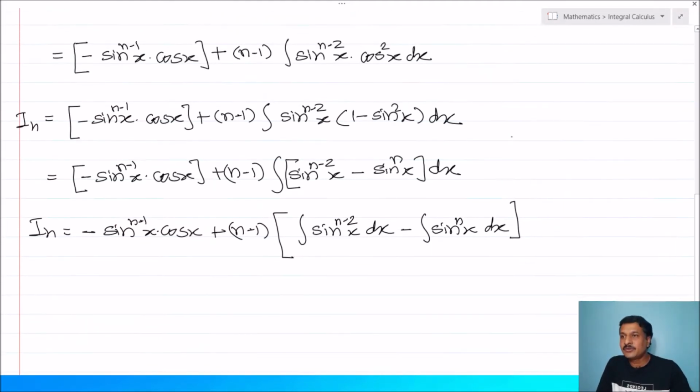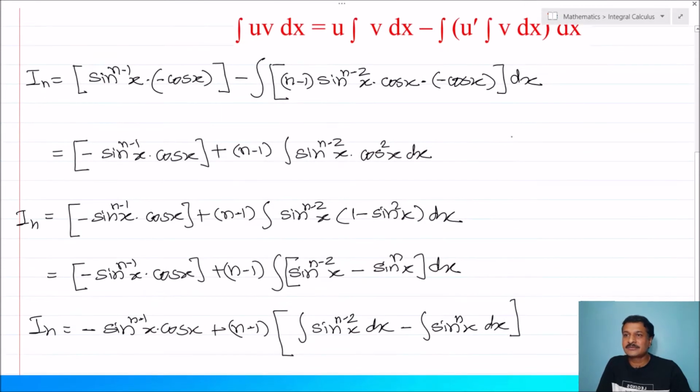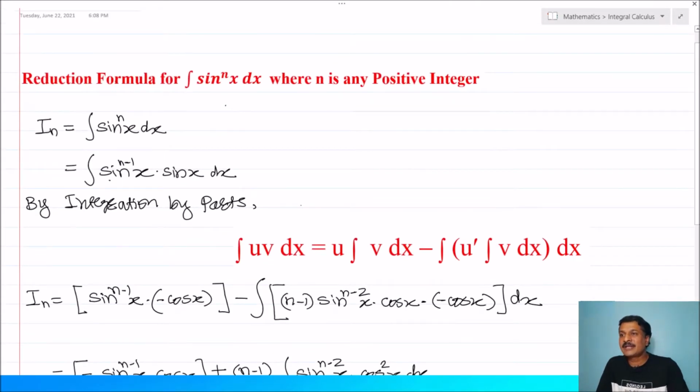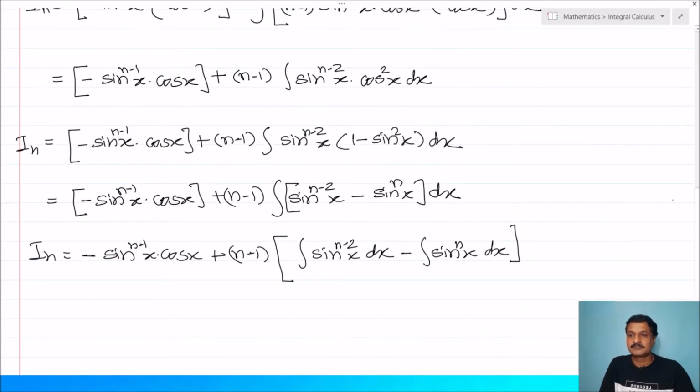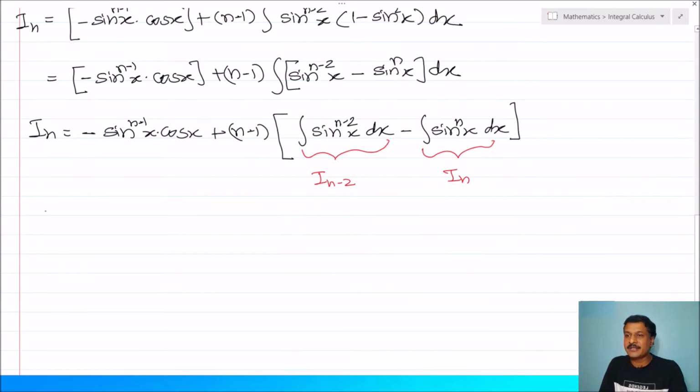As we know, I_n means what? What is the I_n here? Whatever the power of sine is, that is nothing but the suffix of I. So that is why here I am getting this is nothing but I_n minus 2 and this is I_n, and therefore I_n equal to minus sin x raised to n minus 1 into cos x plus n minus 1 in bracket.